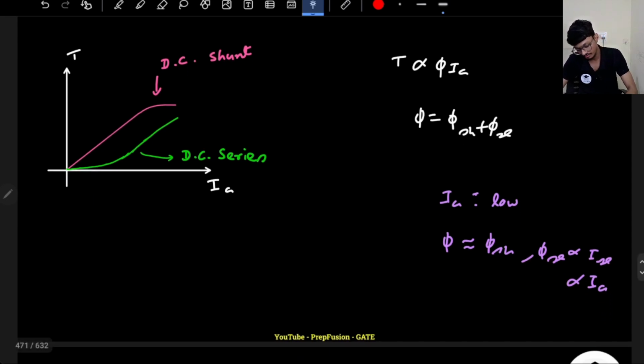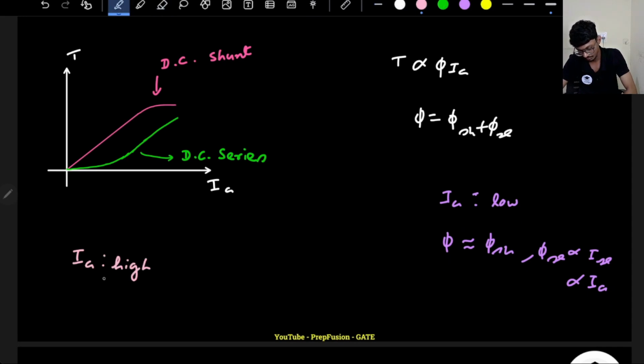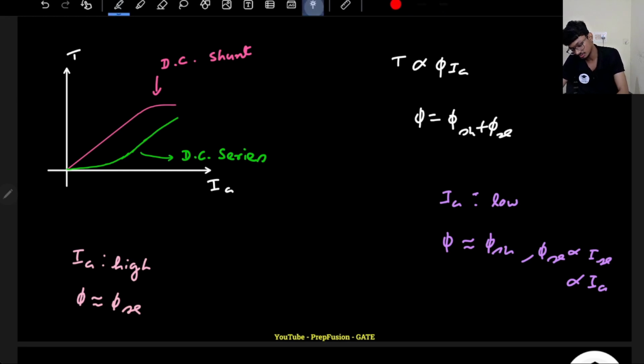Now if IA is high, then the flux will be approximately equal to phi ac, because the series flux will be very high, but it also will reach saturation, though its saturation will be later.